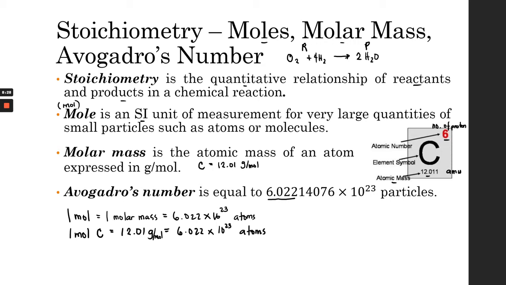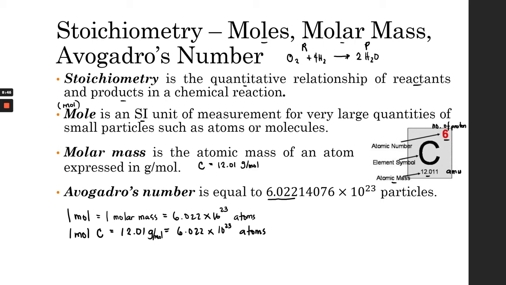What does this mean? If I have 12 grams of carbon, that 12 grams of carbon has an approximate number of 6.022 times 10 raised to 23 atoms of carbon. So that's a lot of carbon, right?